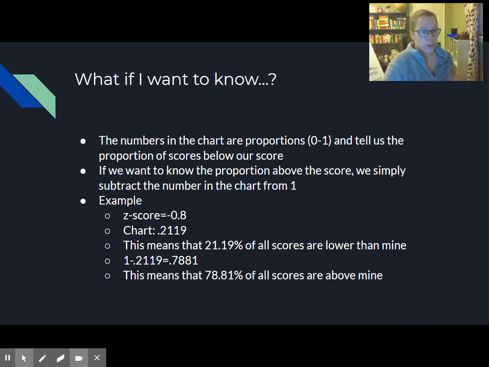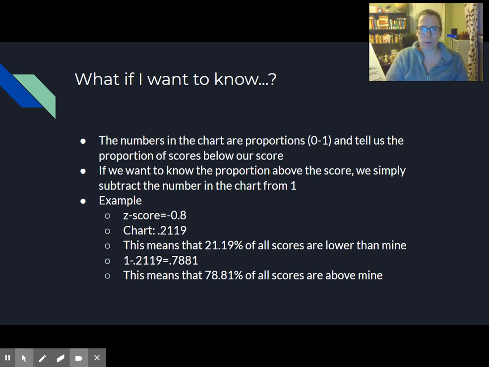But if we want to know the proportion of people above our score, we simply subtract the number that we find in the chart from 1. And then that tells us how many people are on the other side of us. So again, if our z-score is negative 0.8, like it was in that first example, the chart will tell you that the proportion is 0.2119. So that means that 21.19% of all scores are lower than my 20.